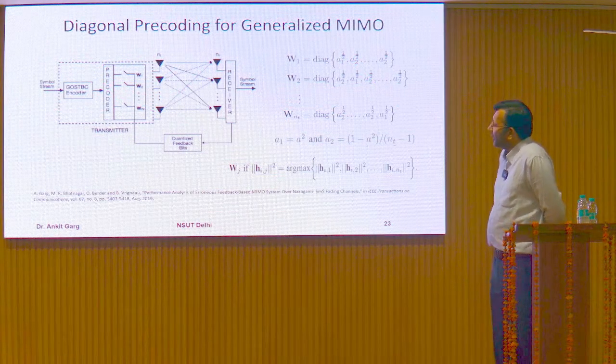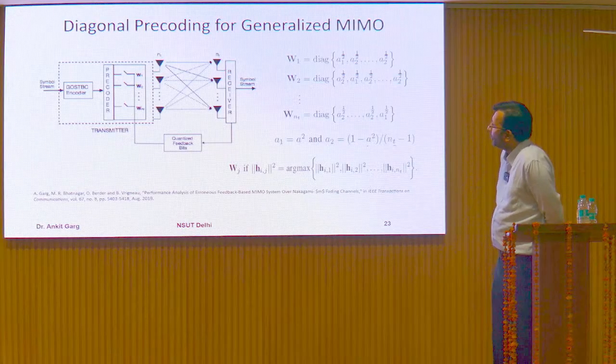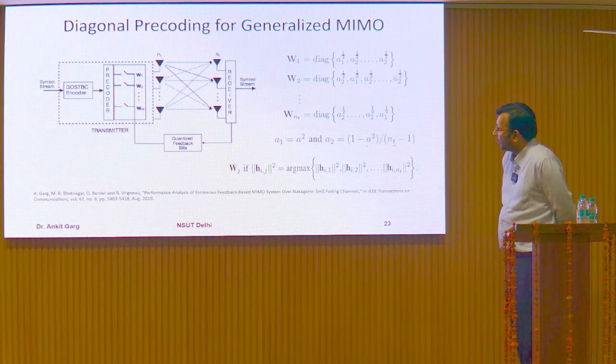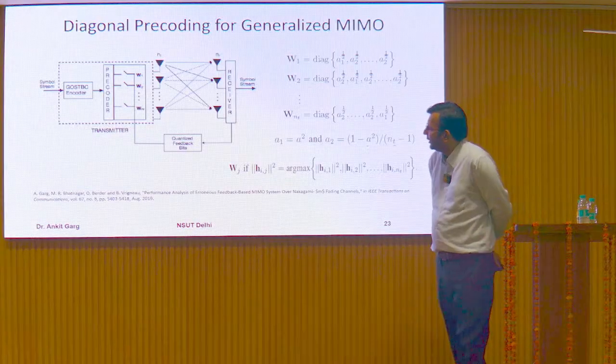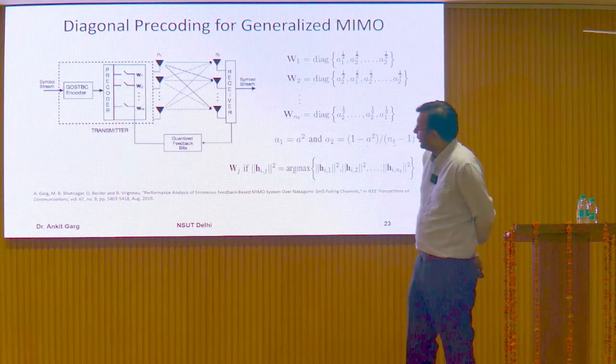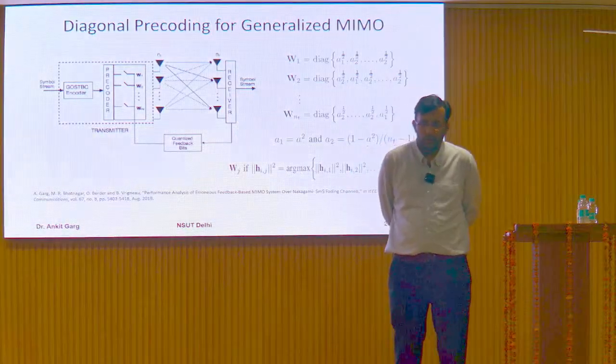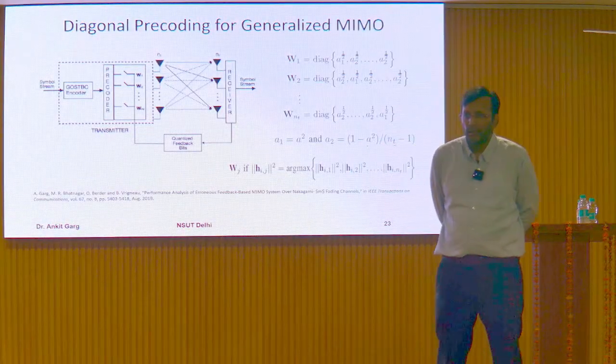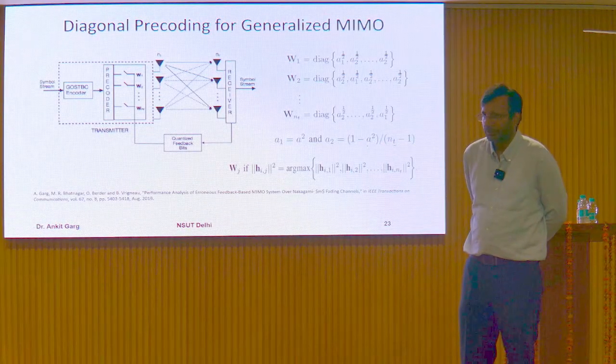Then we extend to MIMO for this particular thing, including a generalized OSTBC encoder. GOSTBC represents generalized OSTBC encoder.